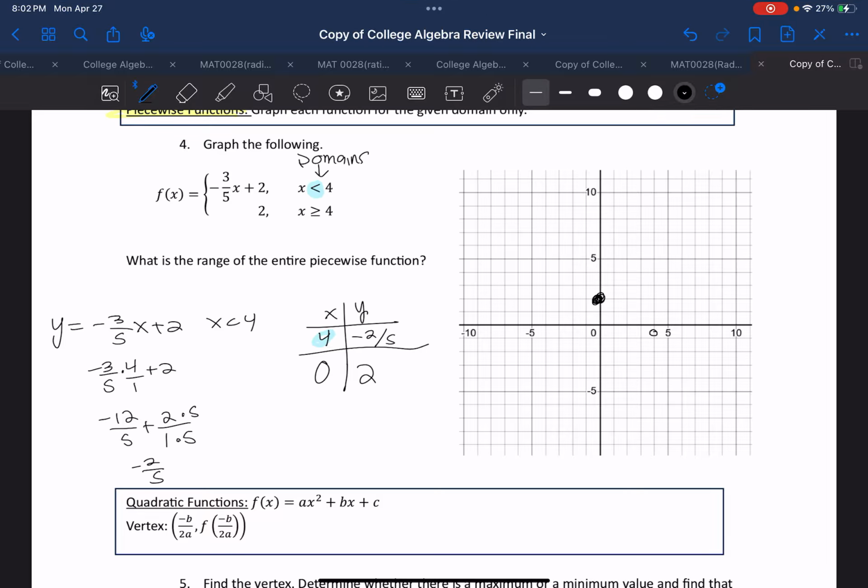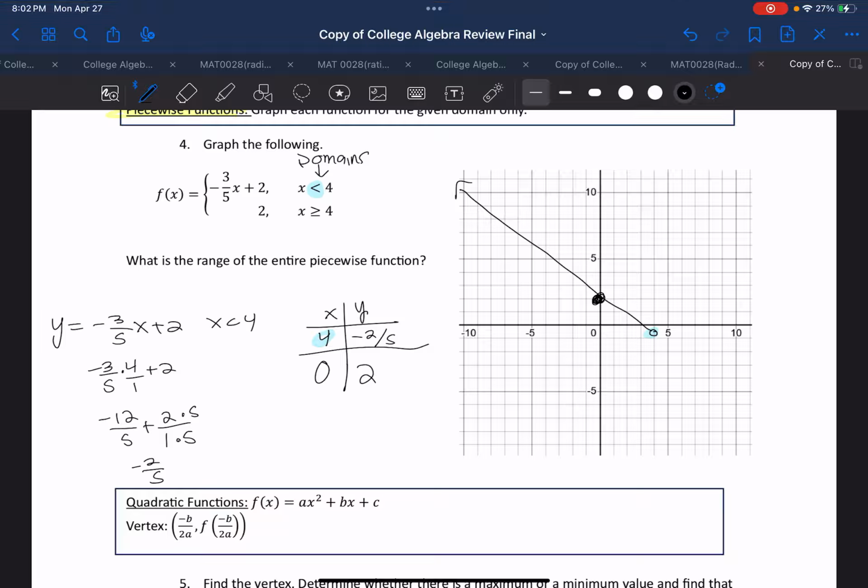So I would only graph that line this way because that's the direction of all x values less than 4. But I still needed to figure out what was happening at 4 so I could put my open circle. This is my open circle at 4 for line 1.